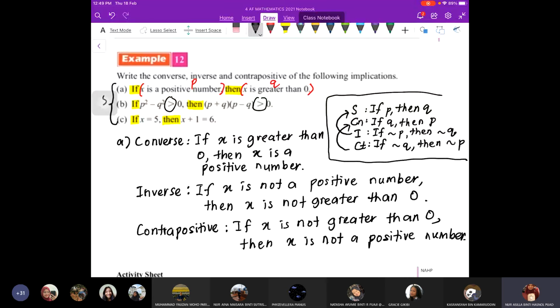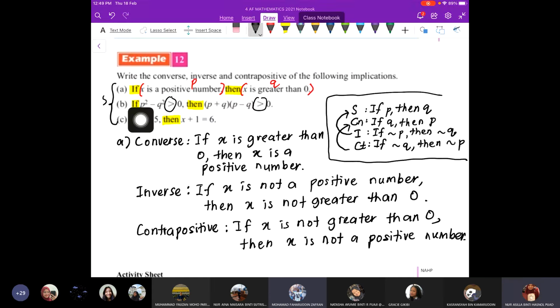Okay, now contrapositive. Alright, kita nak seorang lelaki lagi. Faharuddin. Nampak Faharuddin kan? Okay, Faharuddin, contrapositive dia apa? Apa dia punya contrapositive untuk B? Soalan B kan Miss?